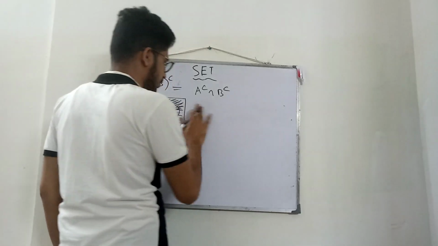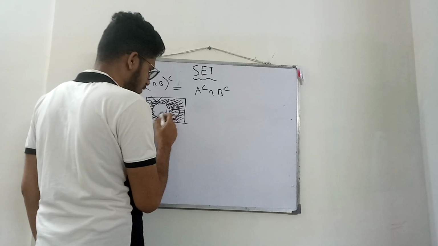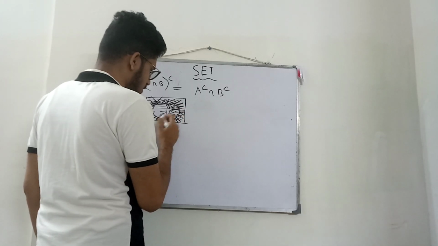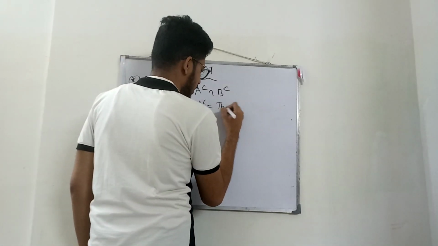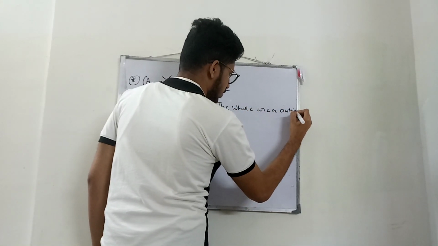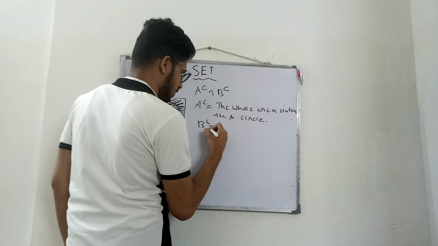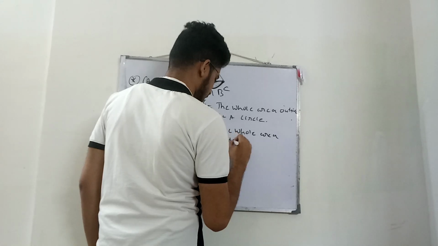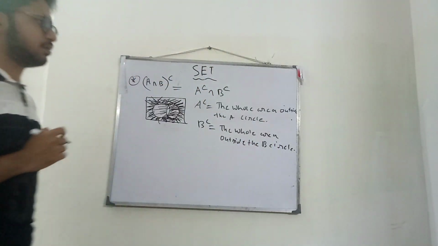B complement means what? The area except the part of B circle.